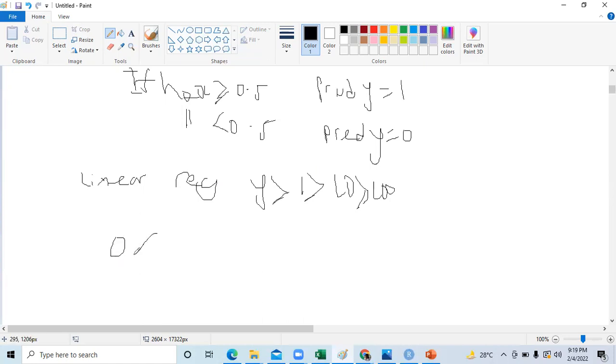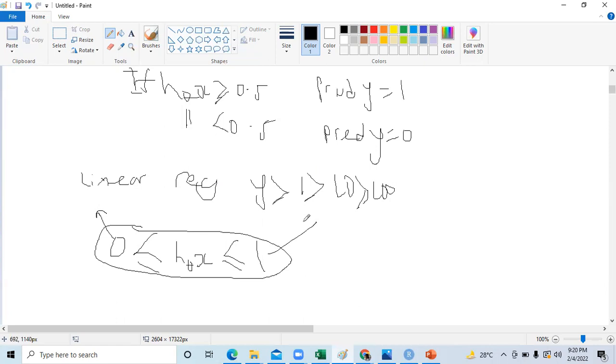So we have 0, h of x, 1, right? So this is the output that we can have in logistic regression. In a binary logistic regression, our output spans from 0 to 1.